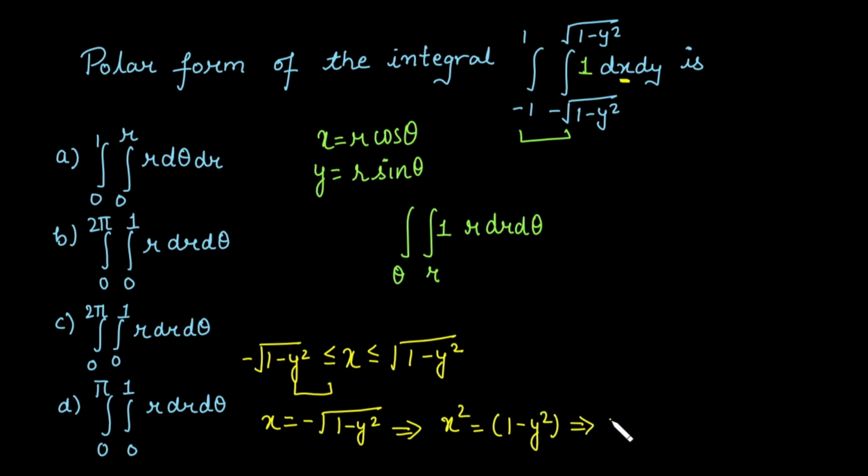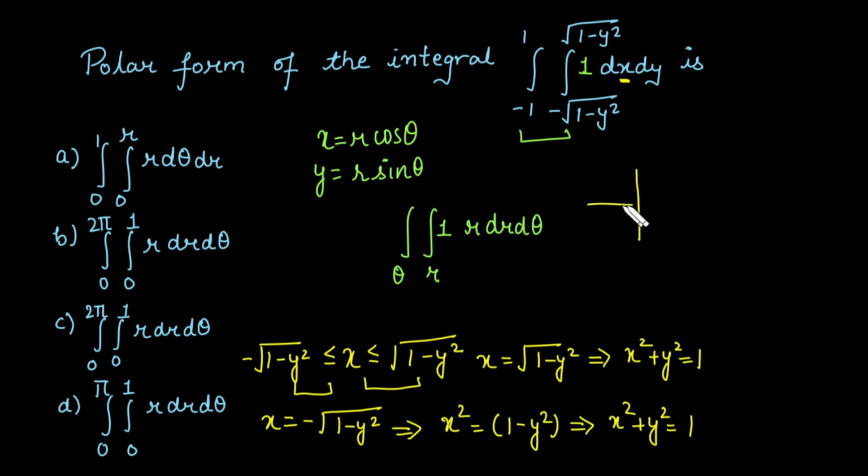This implies x square plus y square is equal to 1. Even from here, x is equal to under root 1 minus y square implies x square plus y square is equal to 1. So what is this? This is a circle equation with radius 1, center at origin.